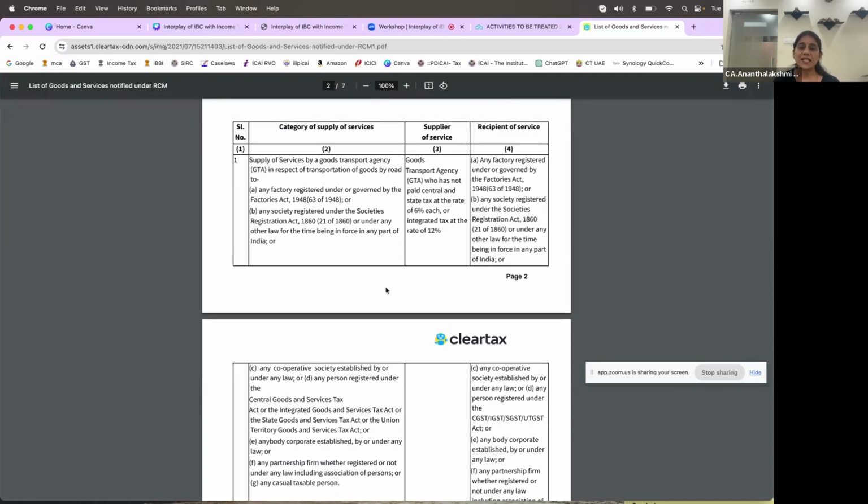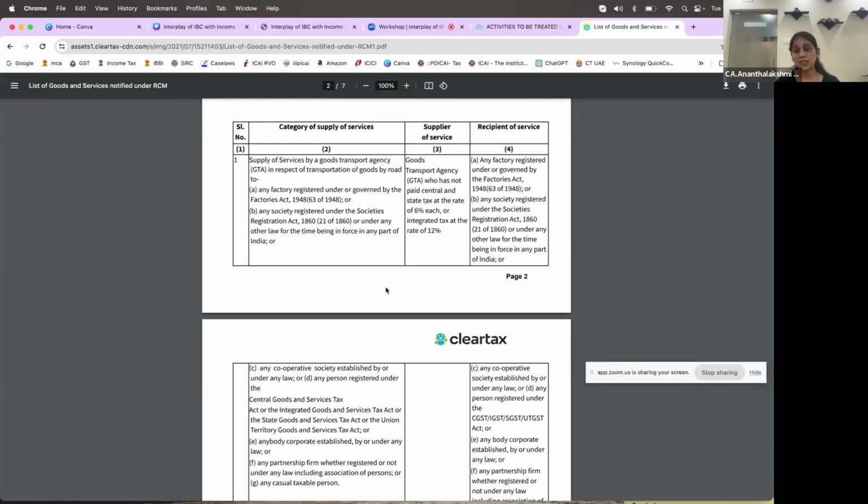Then the very first category is GTA. GTA will generally be there because sometimes the goods we receive come with the bill along with the invoice, so we get the transport along with the invoice. Sometimes it comes as a separate thing. In that case, kindly check whether GST is charged there. If not, it is your responsibility.